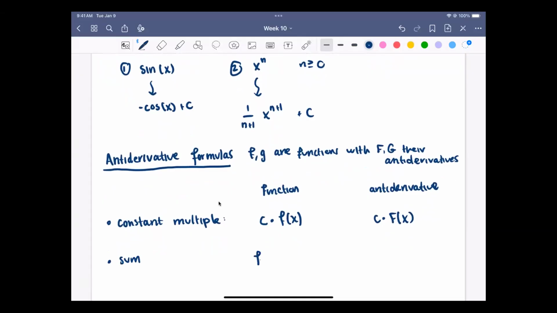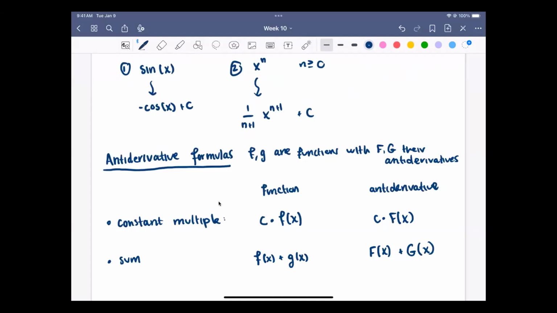So if I have f of x plus g of x, then that's just going to be capital F of x plus capital G of x. The proofs of these are just the fact that if I take the derivative of this whole thing, we have a sum rule for taking derivatives. So that's just going to be the derivative of this plus the derivative of this, which is this expression.